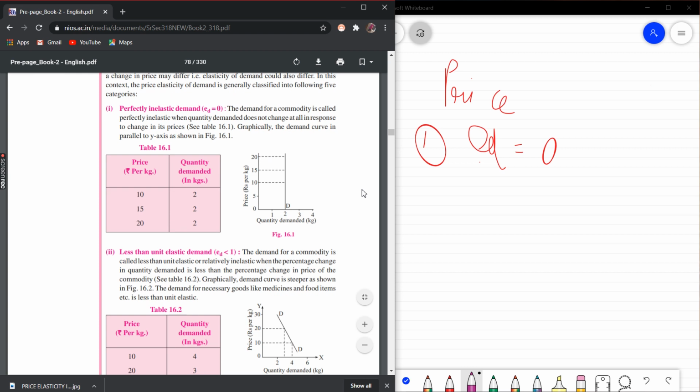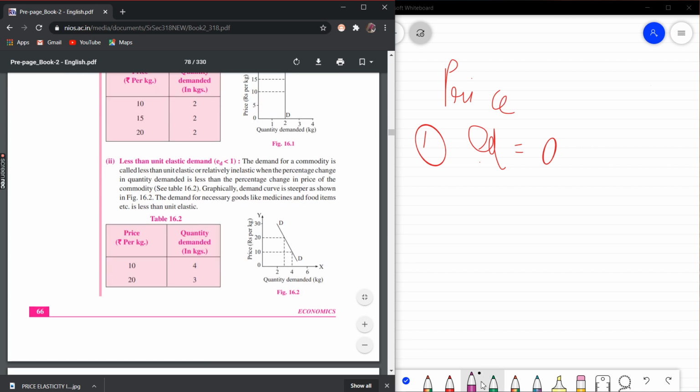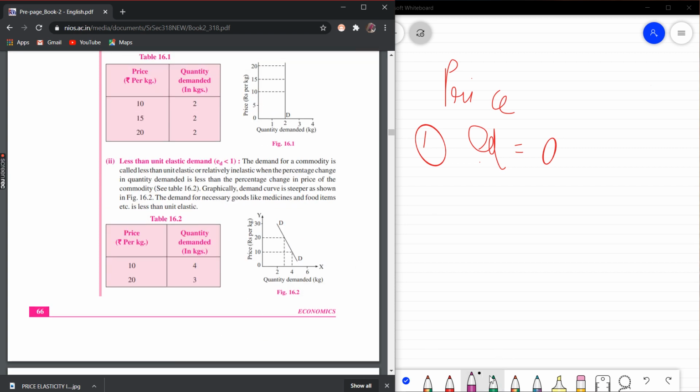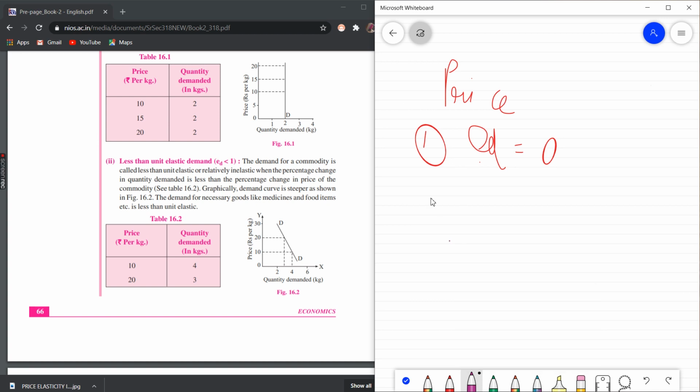Okay, so the next one is less than unit elastic demand. Less than unit elastic demand is ED less than 1. When will this case be? It will be there when the percentage change in quantity demanded is less than the percentage change in price of the commodity.